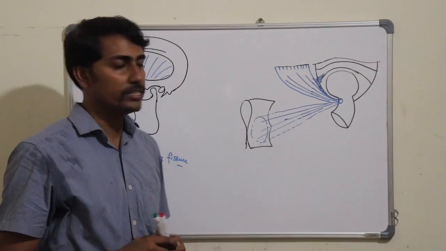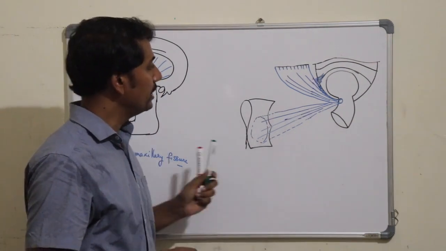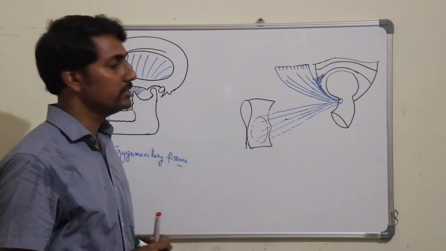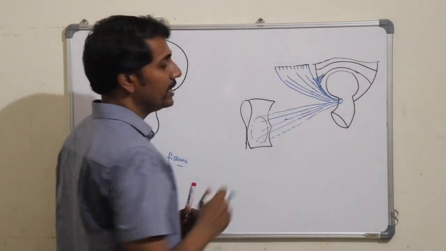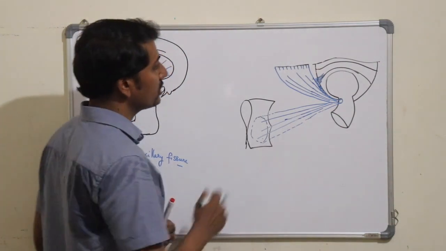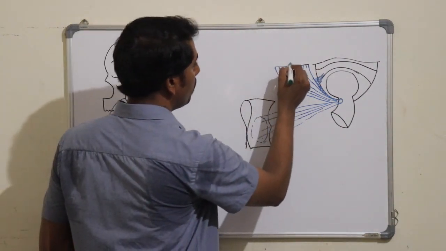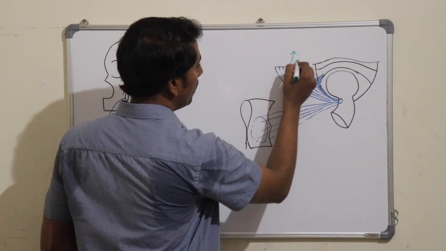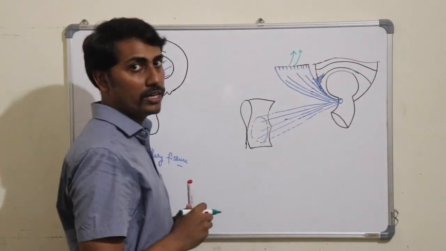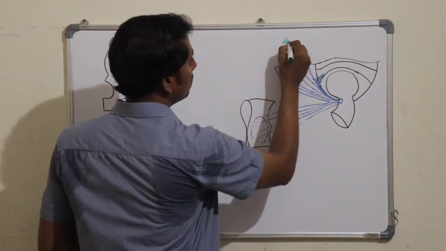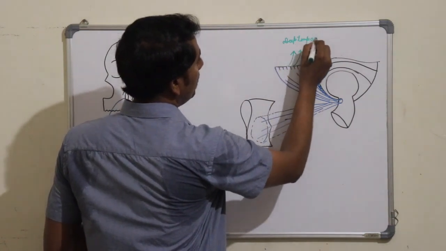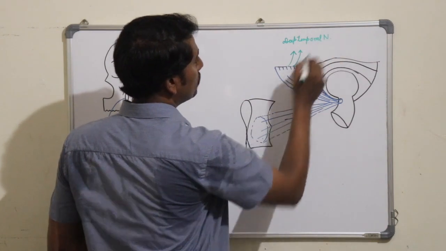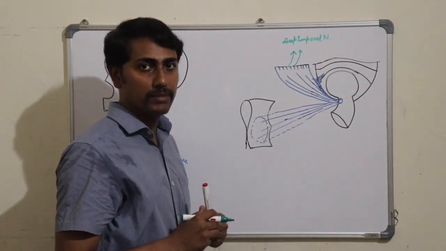Now we will see what are the structures which are related with the lateral pterygoid muscle. First, the structures which are emerging from the upper border of the lateral pterygoid muscle. The first structure emerging from the upper border are the two deep temporal nerves, which were the branches from the mandibular nerve, supplying the temporalis muscle.